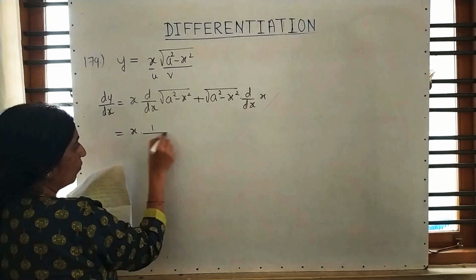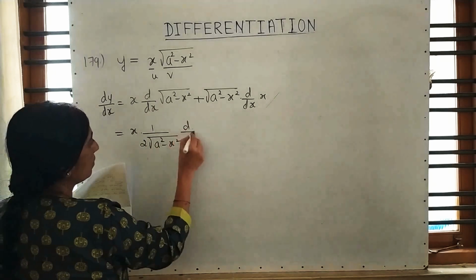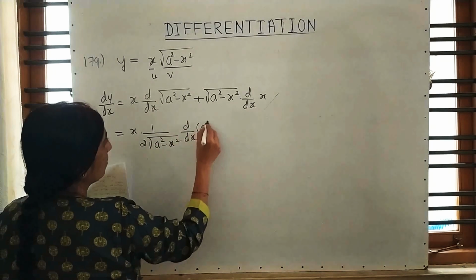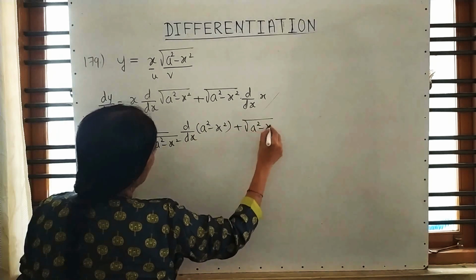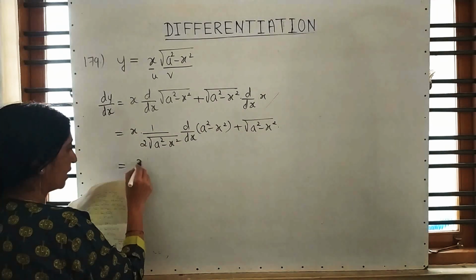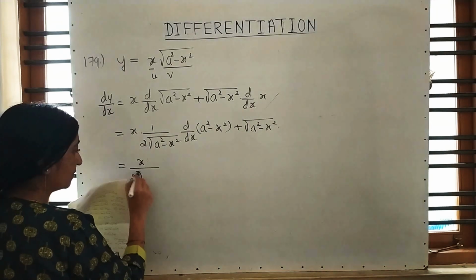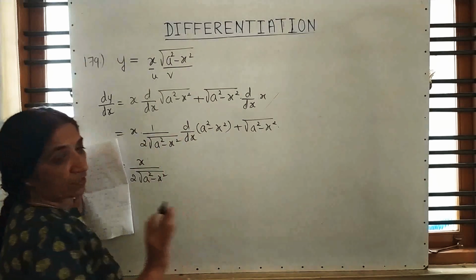It is in the form of root, then without root. Plus root of a square minus x square. Differentiation of x with respect to x is 1. No need to write that. Here differentiation of a square is 0.